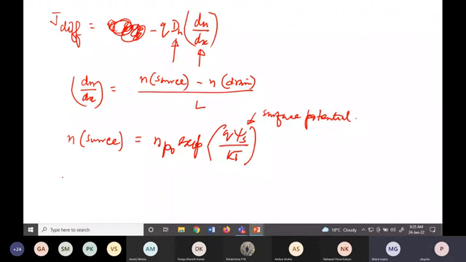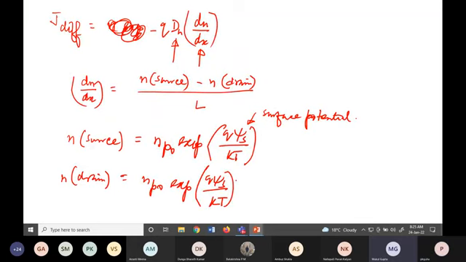Carrier concentration at the drain side similarly can be written with VDS over KT. So this is the carrier concentration at the drain side.